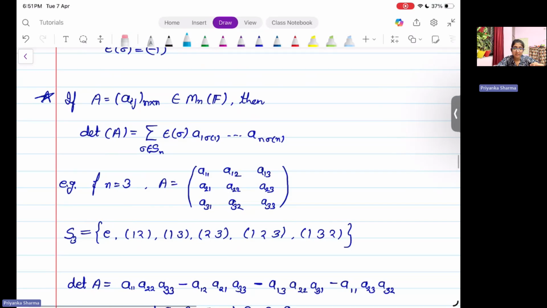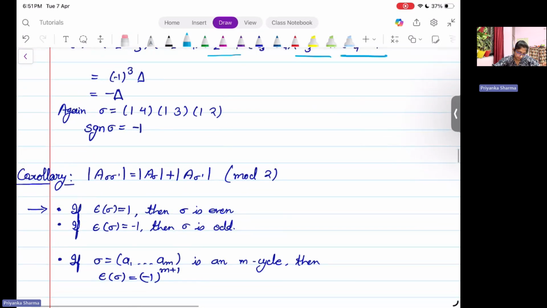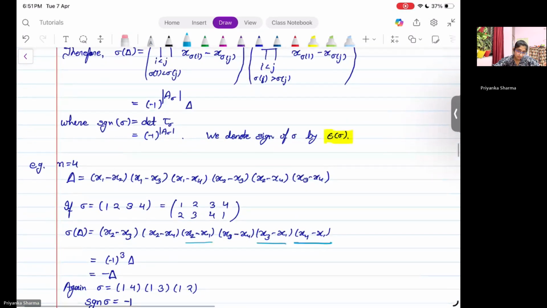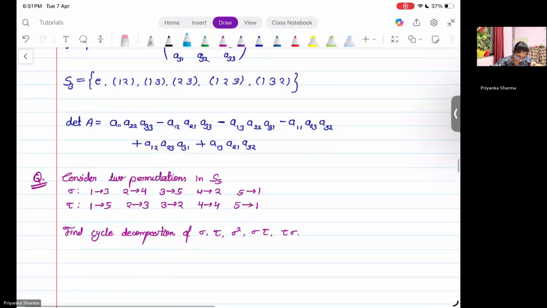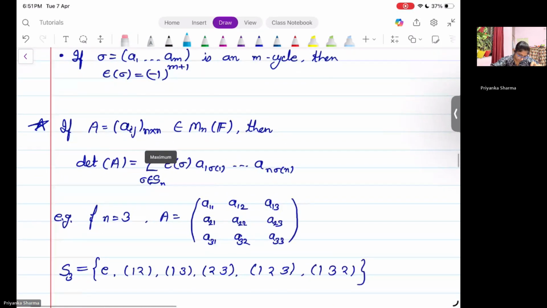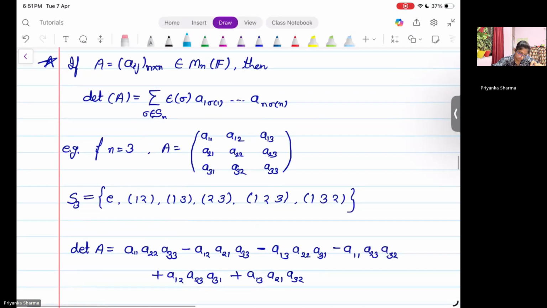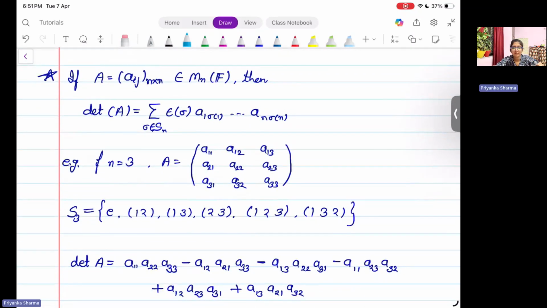This is an application of the sign map, or the determinant. Like the determinant of the matrix, we used to compute the sign map. So in this way, if we have an n by n matrix over some field F, then we can find the determinant of that matrix using the sign map.